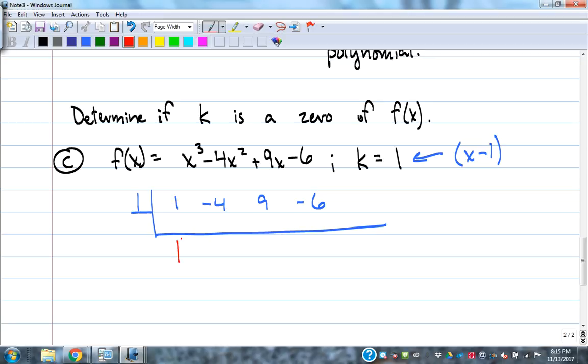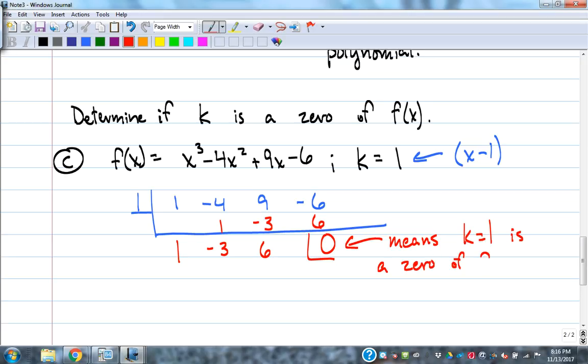Drop the 1 down, multiply, add. And we get a remainder of 0. What that means is k equals 1 is a 0 of f of x.